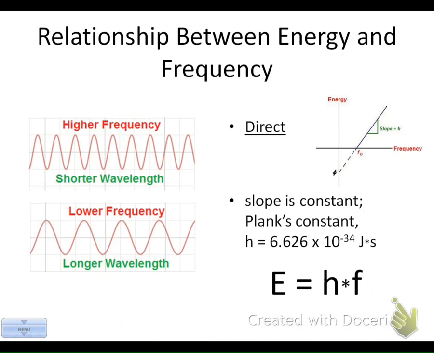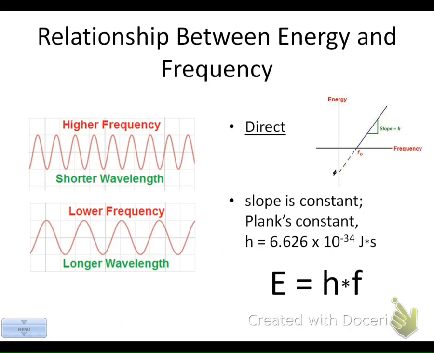The other relationship that's important for EMR waves is the relationship between energy and frequency. This time, the relationship is direct. So if you graph it, you would get a linear graph this time. And like any linear graph that you've ever done in math, you have a slope. And the slope is a proportionality constant. It tells you exactly how the rise over run is changing, or exactly how these two variables are related to each other.